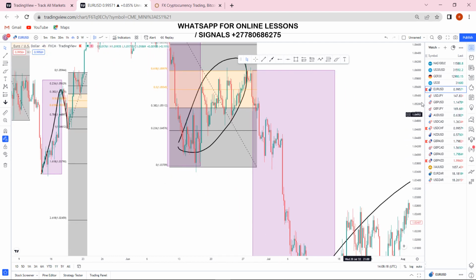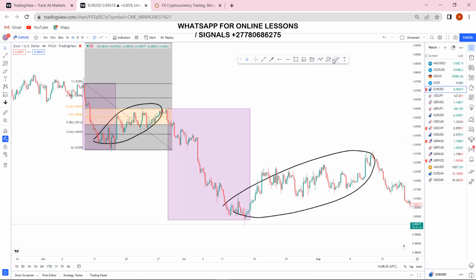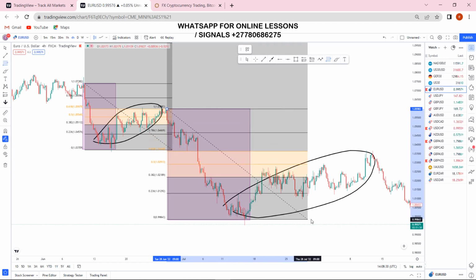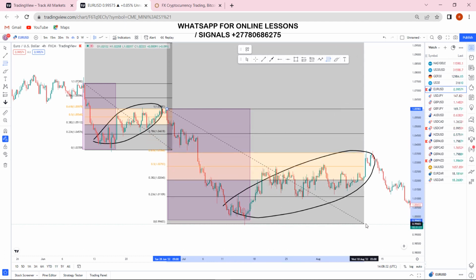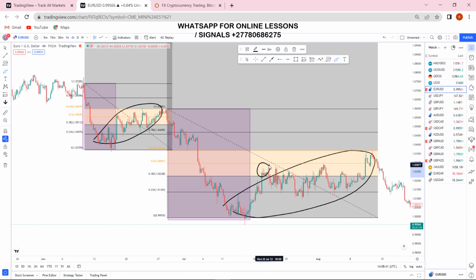Another impulse wave right here would be this one, the largest one. The reason why I said this one is good for our example is because I want to show you that it's not always going to be smooth and just easy like that. You're going to have moments where you take an entry as soon as the market gets into our Fibonacci golden level. And then after taking the trade, you'll see that, oh, it's going well, my sell is going well, and then boom, market reverses.